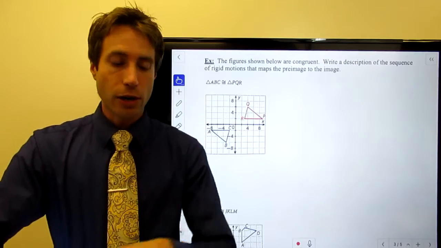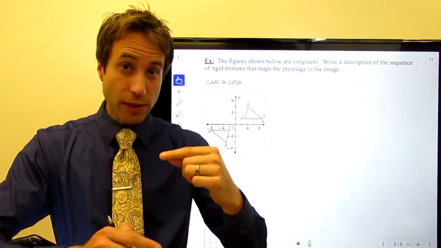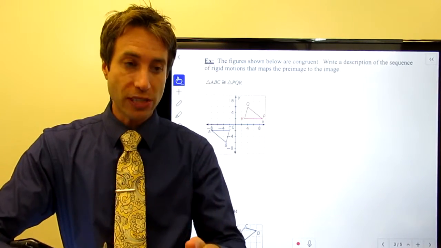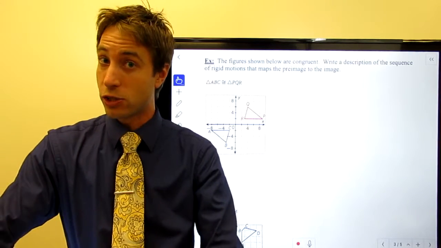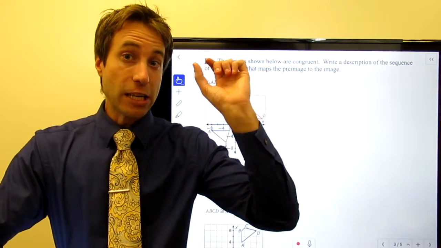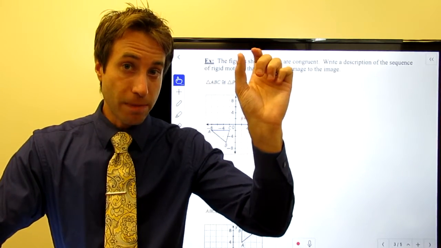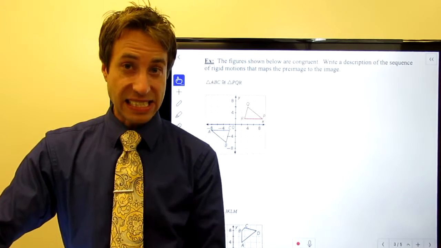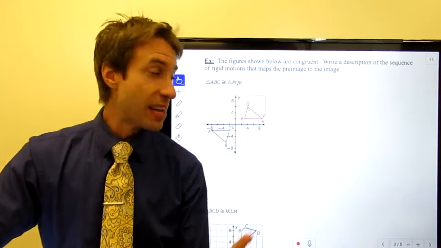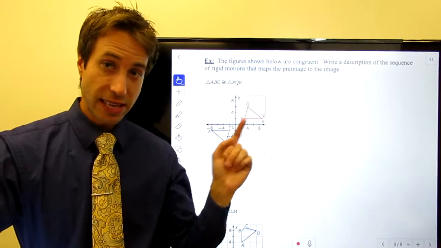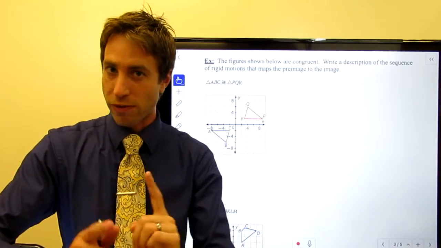So you can either perform a sequence of rigid transformations to prove congruence, or, being told that they're congruent, find a sequence of transformations that maps one image onto the other, right? See how we're kind of going in the reverse order?